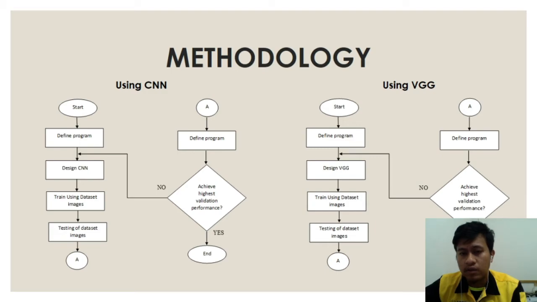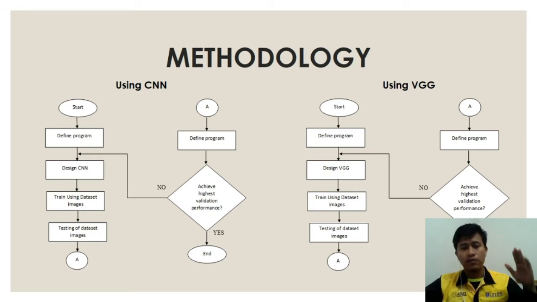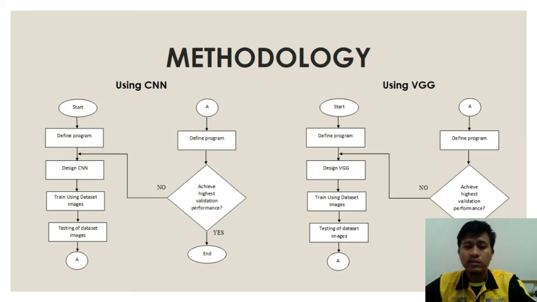The process starts, then we define the program, then design the VGG, take the dataset and process until it achieves the highest validation performance. If the performance has achieved the highest validation performance, then the system will stop. If not, the system will go back to the VGG design and repeat the process until it achieves the highest validation performance. That's how the methodology is used to solve the problem using Google Colab.